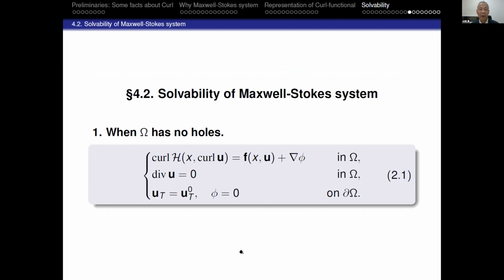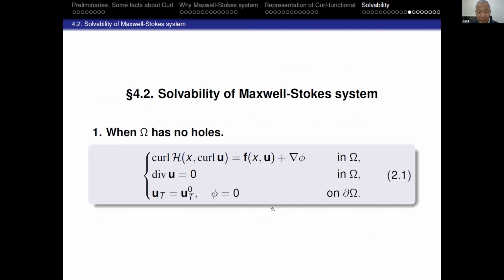Okay, finally, I want to talk about the solvability of the Maxwell-Stokes system. And we consider the case where omega does not have a hole. So if omega has no holes, as I mentioned before, you can give the boundary condition of Dirichlet type for this phi.